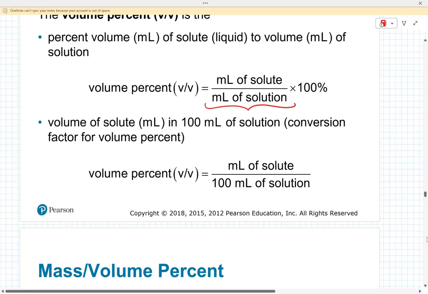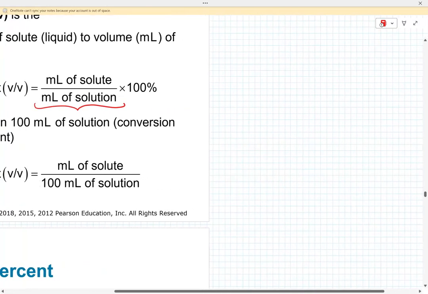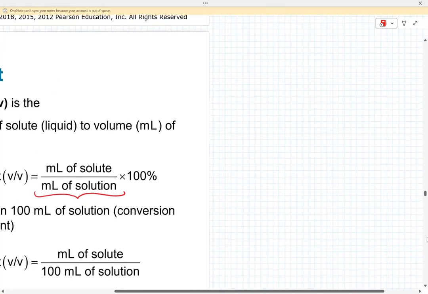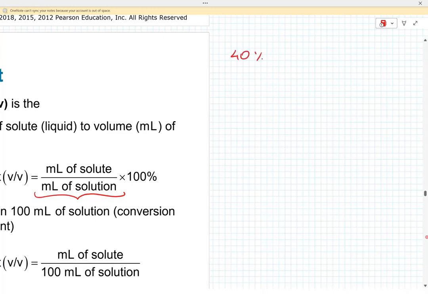So here's my question. Let's use liquor as an example, okay? So let's say vodka, 40% by volume, okay? Do you follow?